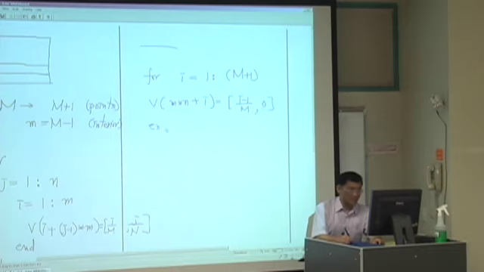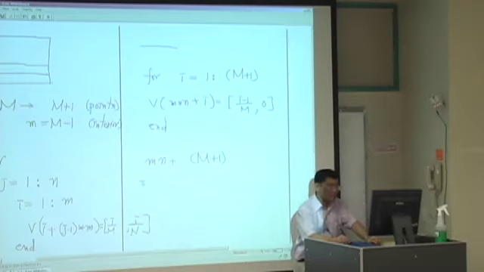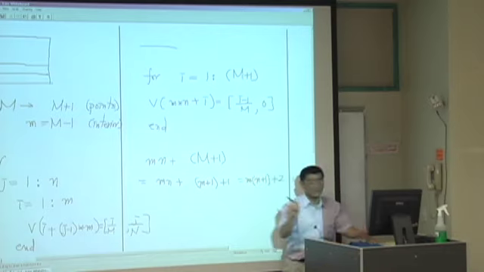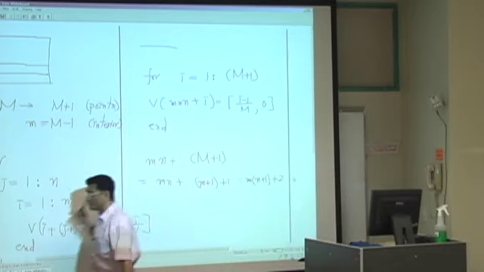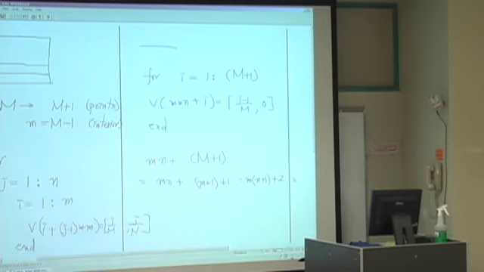Everything is the same. Then we used up m times n plus m plus 1 point, meaning m n plus m plus 1 point, meaning m n plus 1 plus 2 points. Now everything is clear. Phew, we completely correct the problem.